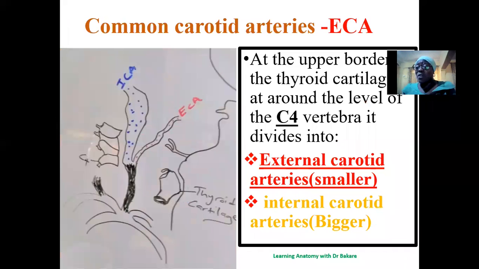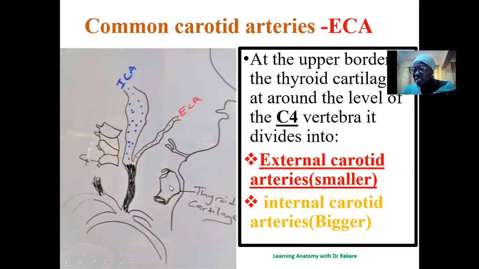Also a bit more on how the common carotid finally divides into the internal and the external carotid. We said that the common carotid now runs upward. When they get to the level of the fourth cervical vertebra, this also corresponds to the upper border of the thyroid cartilage. It is at this level that the common carotid divides into the internal carotid artery and the external carotid artery.